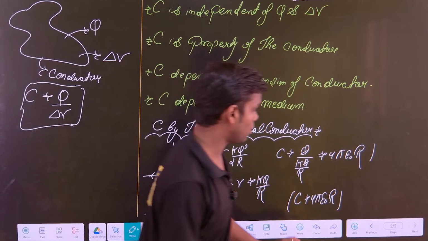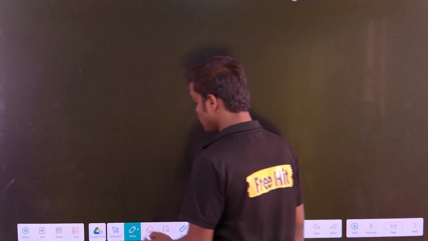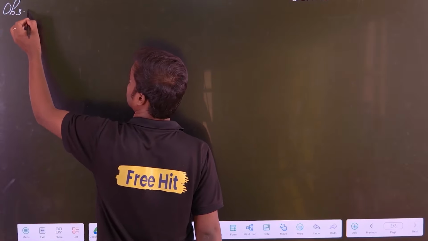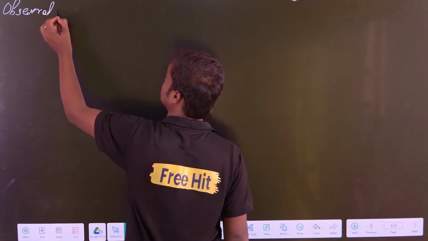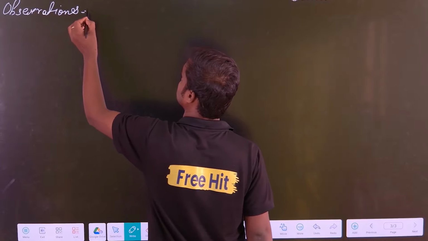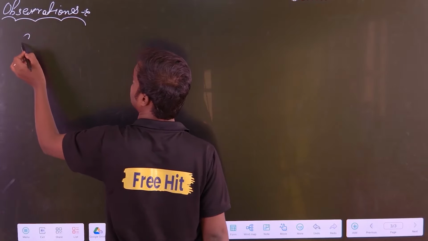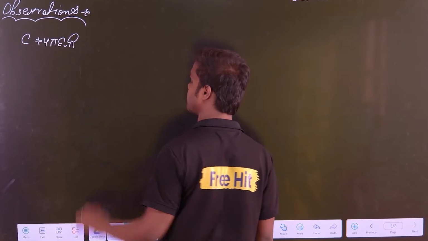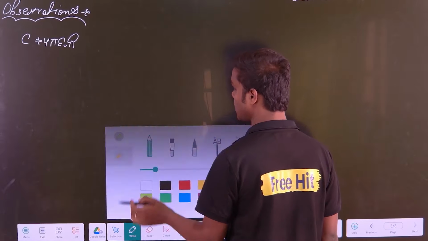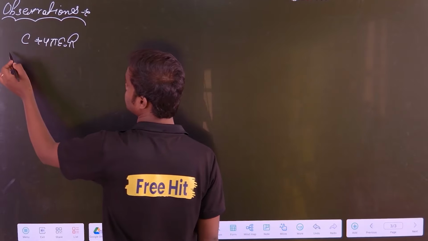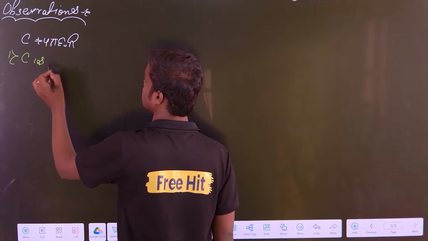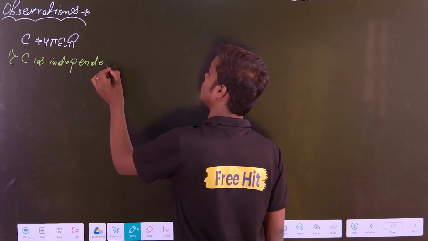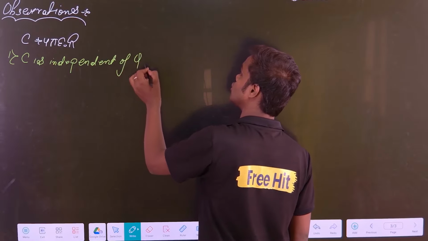So what can you observe from here? What are the observations we can draw? The capacitance value we have got is 4 pi epsilon naught into r. First thing we observe is that C is independent of Q and V, correct?